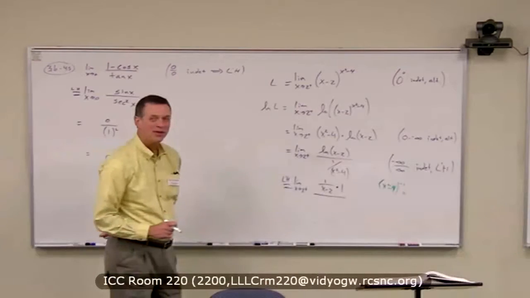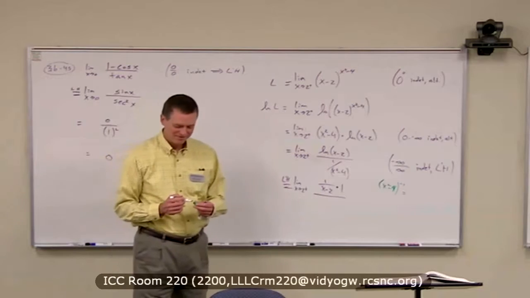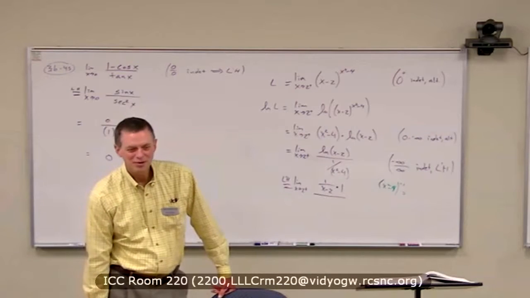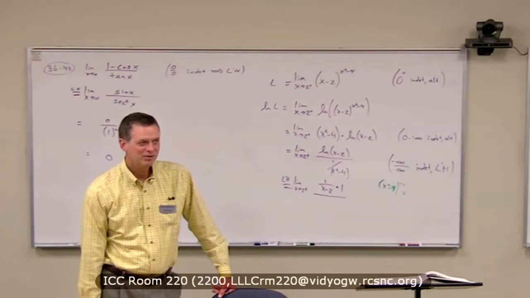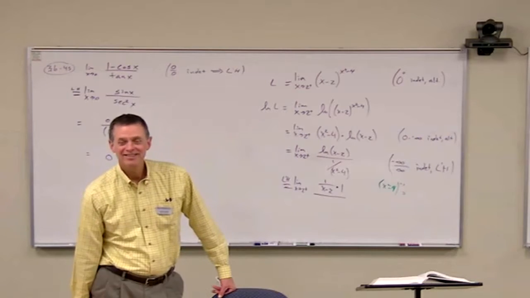Do I have to do the chain rule for this? I don't know, what do you think? I think yes. Why do you think yes? Because there's a function on the inside and then there's an exponent on the outside too. You have an inside function and an outside function. So what does that mean? The chain rule.